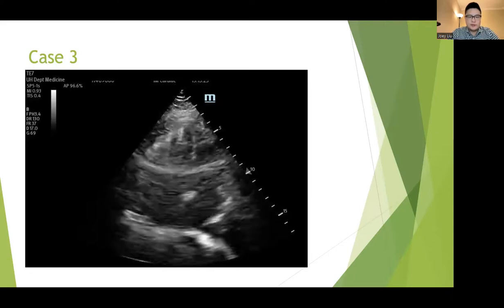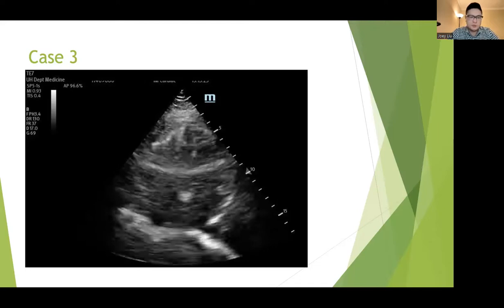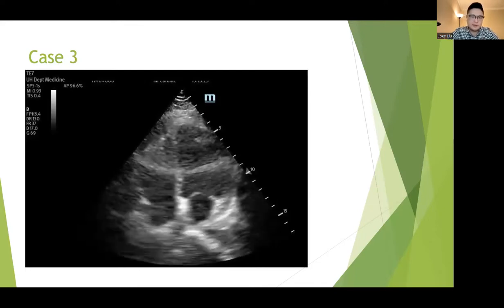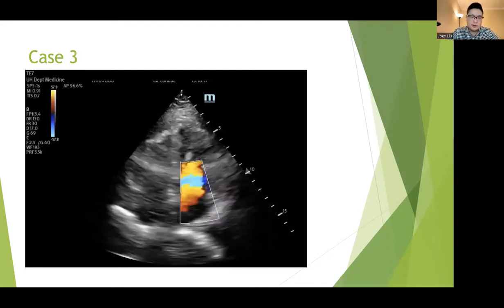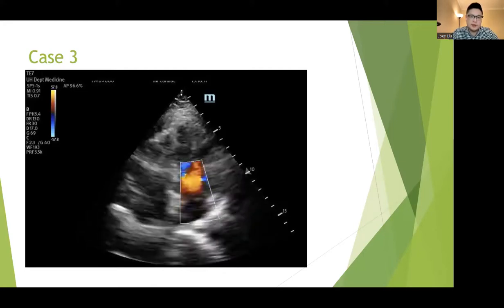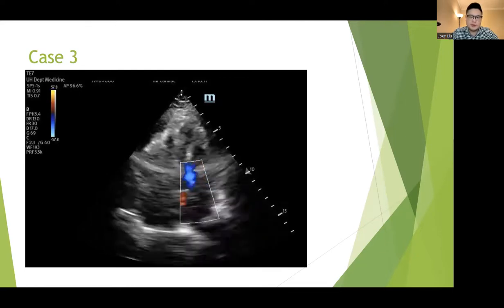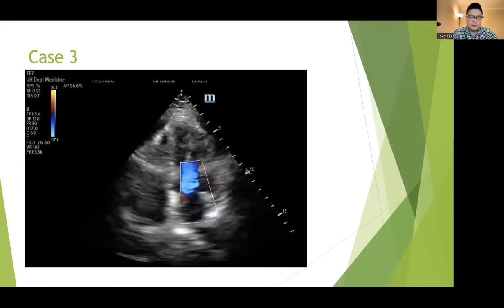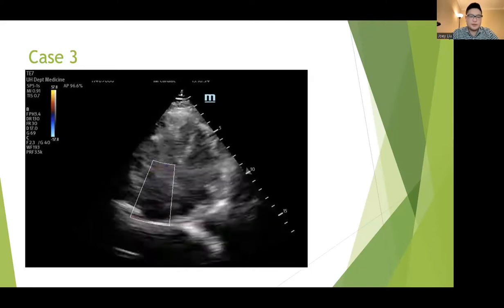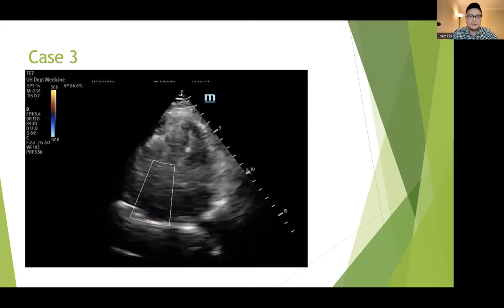The RV size, you can argue maybe it's 2/3, maybe it's less than 2/3, so probably normal to mildly dilated, but I think we called it normal in the end. And this is, again, just to illustrate the mitral regurgitation in this apical view as well. Again, there are some regurgitant jets there that would suggest MR, which we had previously talked about. The TR capture wasn't as good as the other side.